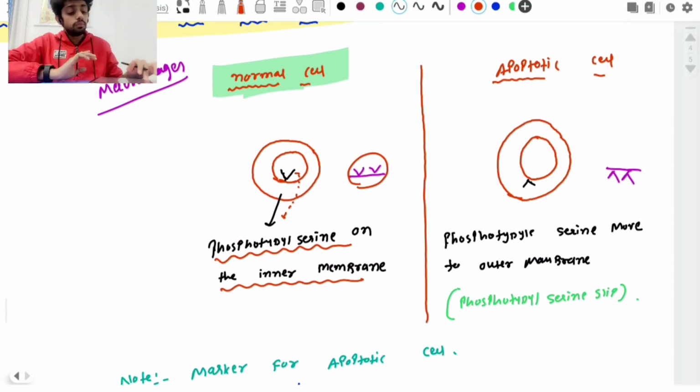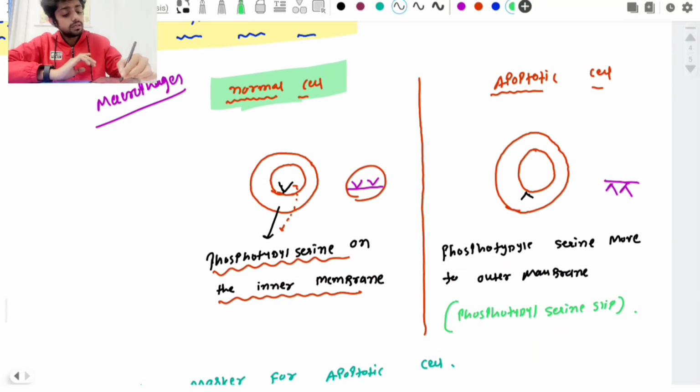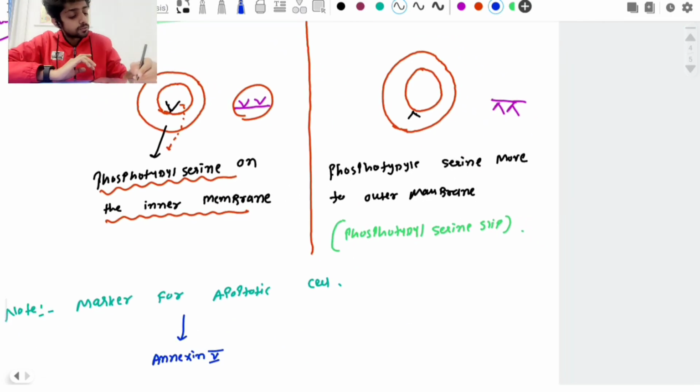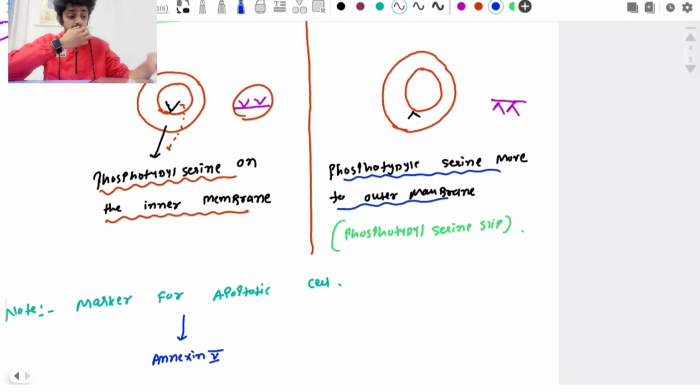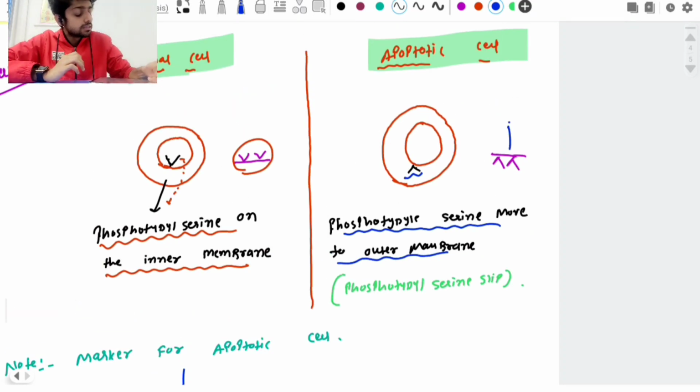Okay, but in an apoptotic cell, what happens? In an apoptotic cell, phosphatidylserine comes to the outer membrane, and when this phosphatidylserine comes to the outer membrane, it gives macrophages what signal?